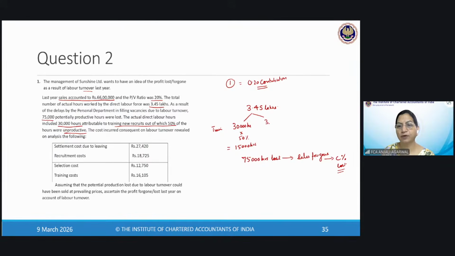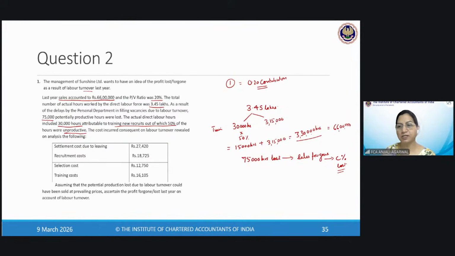Remaining was fully productive, 3,15,000. So 15,000 plus 3,15,000, technically you have worked for only 3,30,000 hours. So how much is the sales achieved in 3,30,000 hours? It is 66 lakhs.